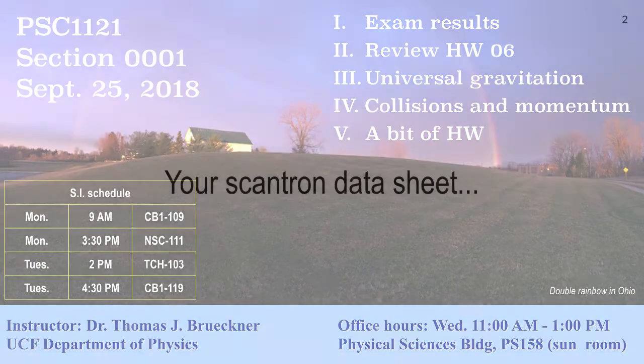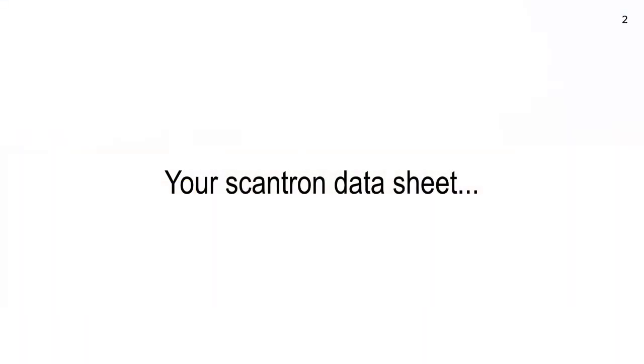Now one of the things that you can do with a Scantron exam is get a printout of what you bubbled in, next to the answer key, and with that you can tell what answers you got incorrect and which ones you got correct. And that's kind of helpful.